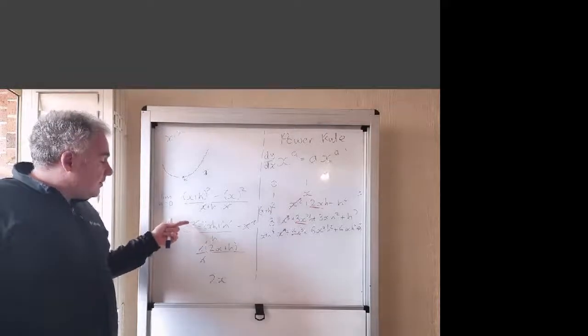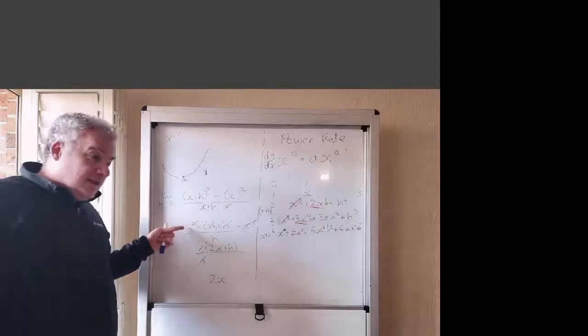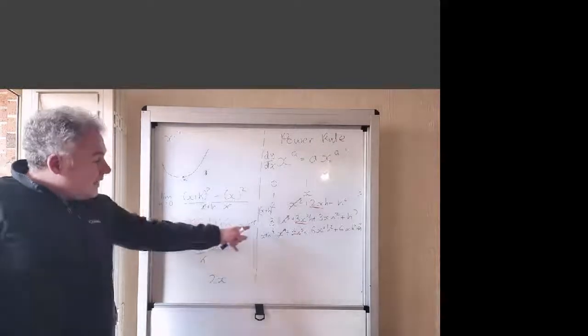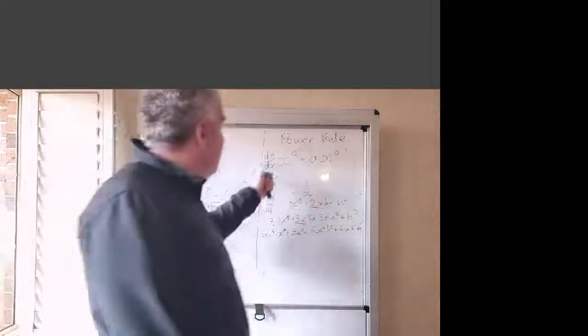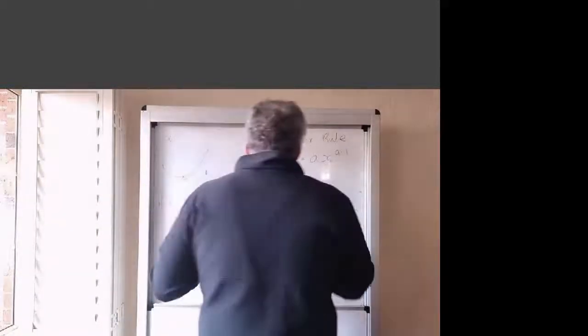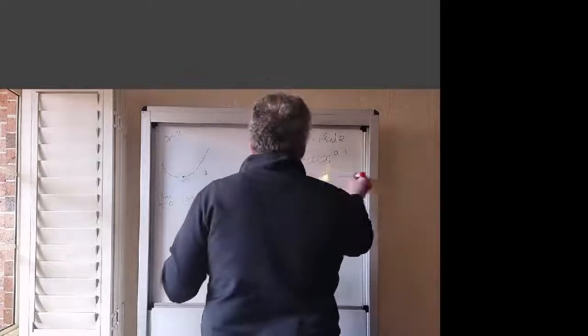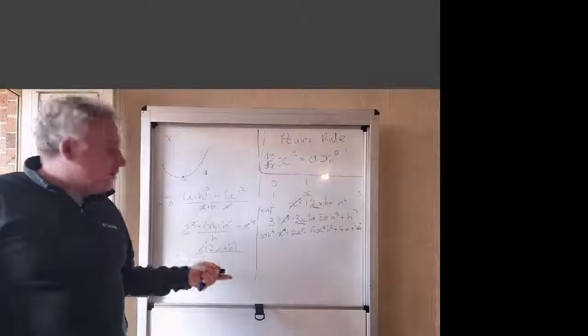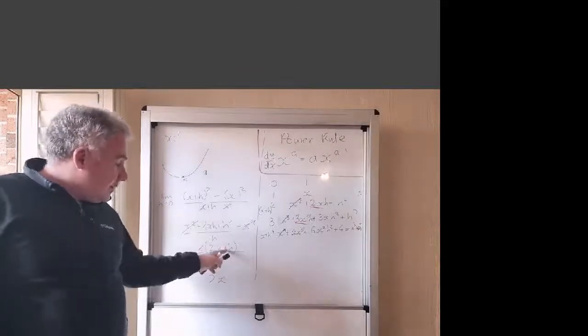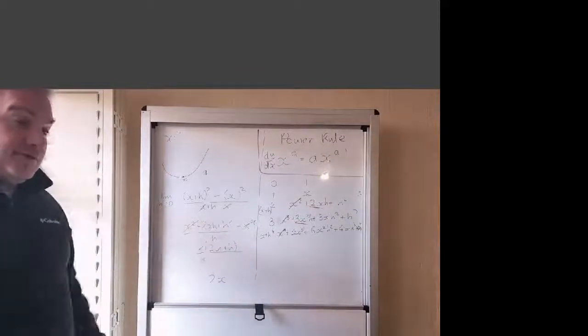You've always got the leading term in Pascal's triangle being cancelled. You've got that second one, which follows the power rule up here. And then you've got every other one, which disappears because it's got too many h's, as the limit of h approaches 0.